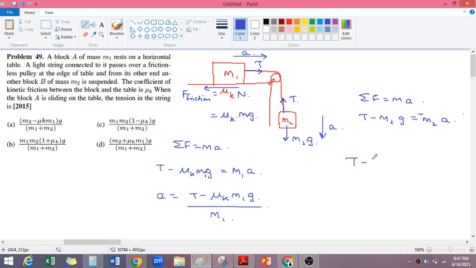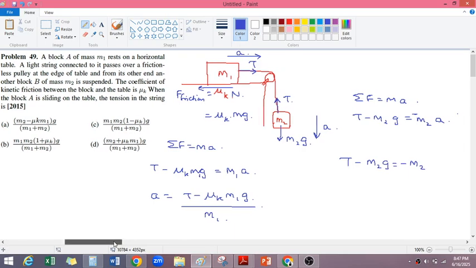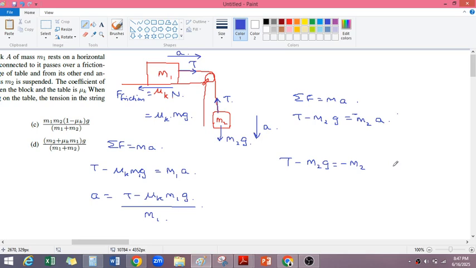So T minus m2 g is equal to minus m2, and in place of a, I have to substitute this one: T minus mu k m1 g divided by m1. I want T, so do the simplification, you get the answer. So m1 should come here.